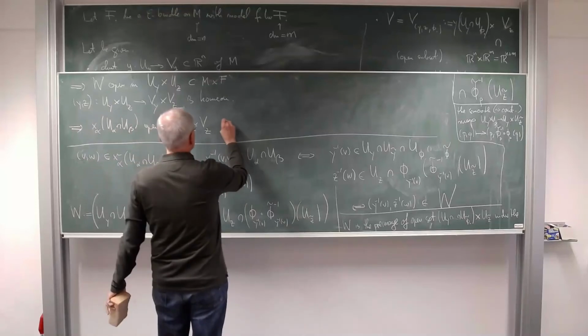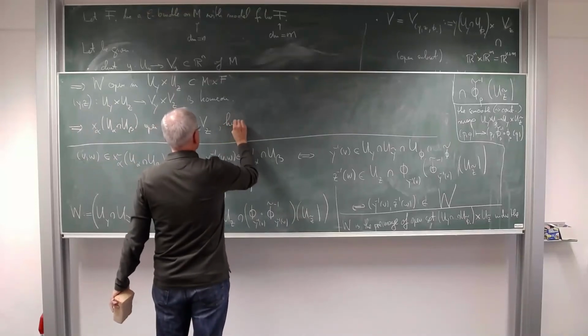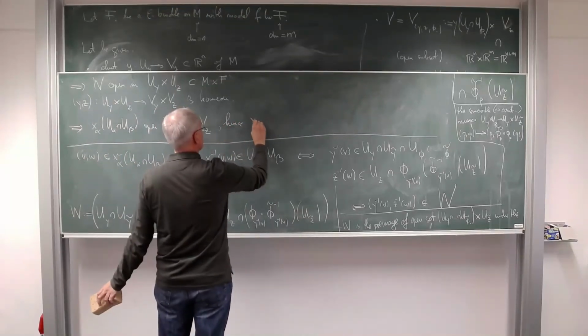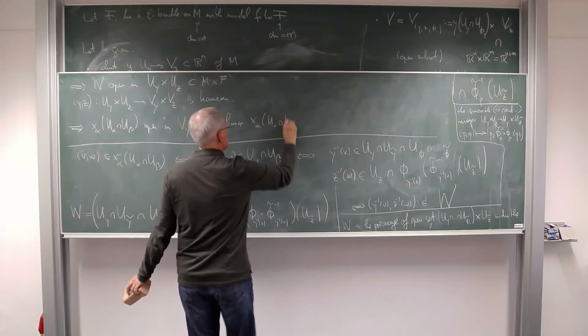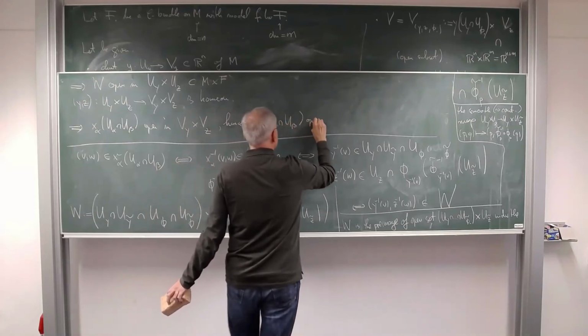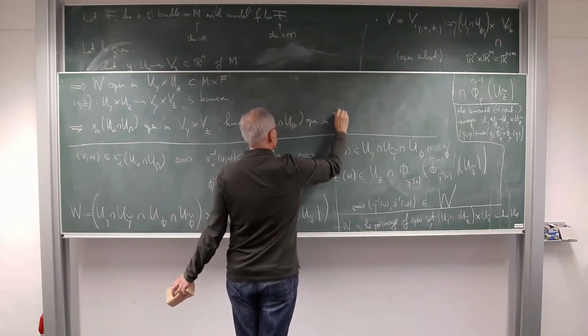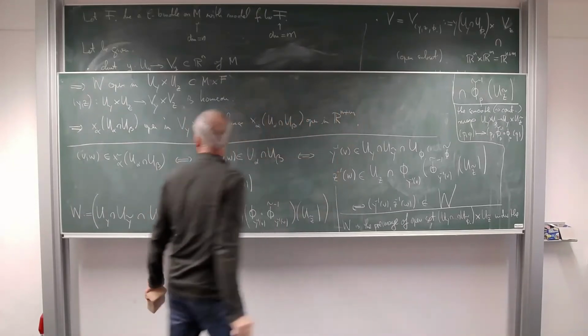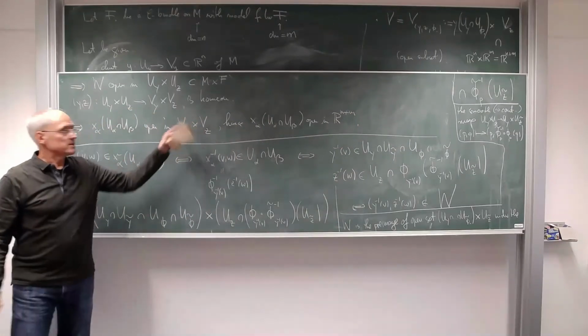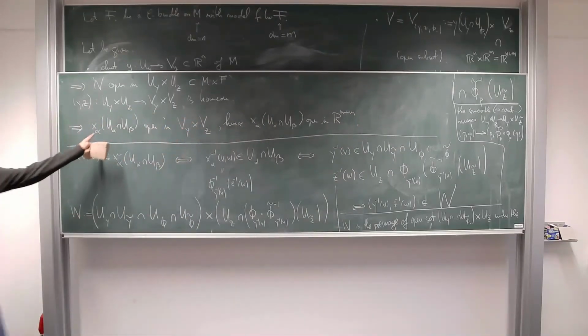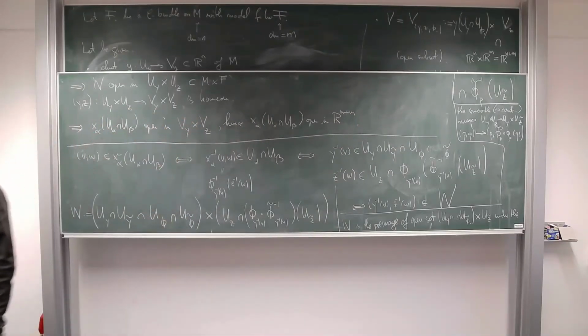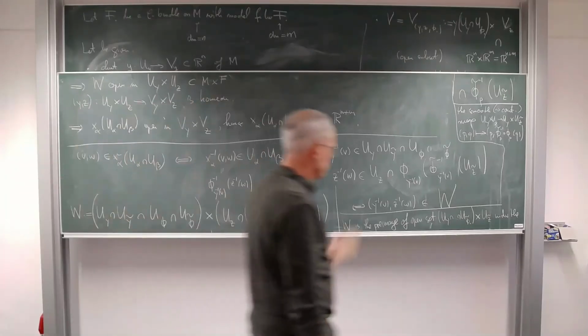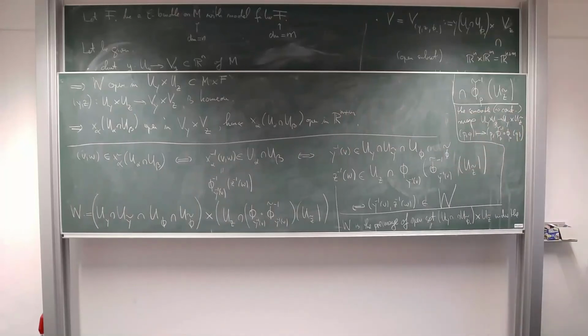And therefore this subset is also open in R^(n+m), because this set is open in R^(n+m) and this one is open in this one. Okay, so that is condition number 2. That was the hardest one. Not really hard, but you just have to unravel the definitions.